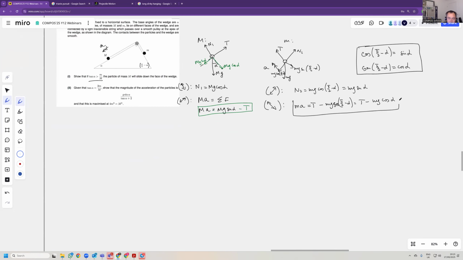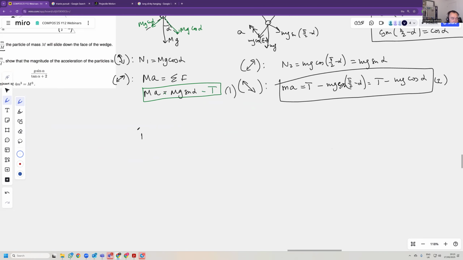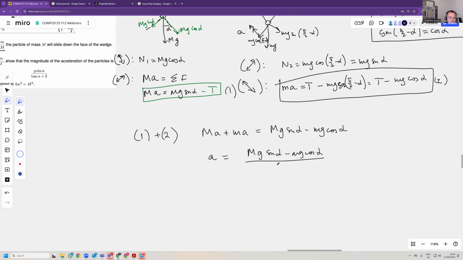Okay, so you've got two equations, 1 and 2, and well, we can add them. Let's do 1 plus 2, and we have ma plus ma equals mg sine alpha minus mg cos alpha, and then acceleration is mg sine alpha minus mg cos alpha divided by m plus m.